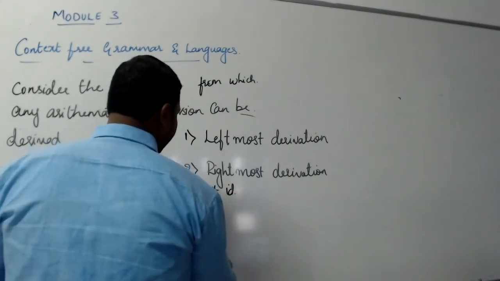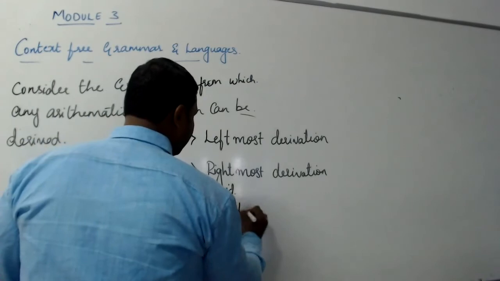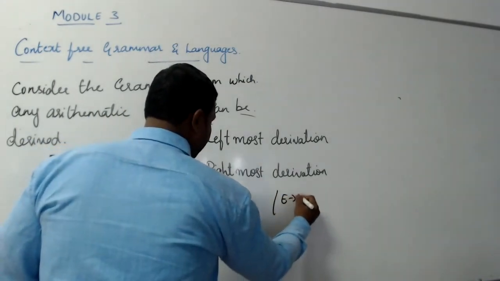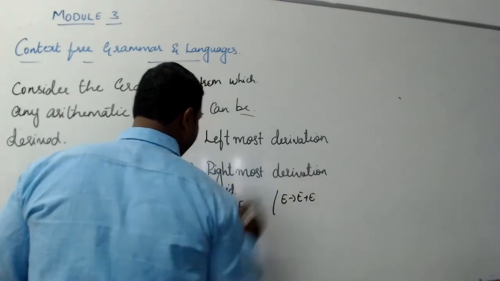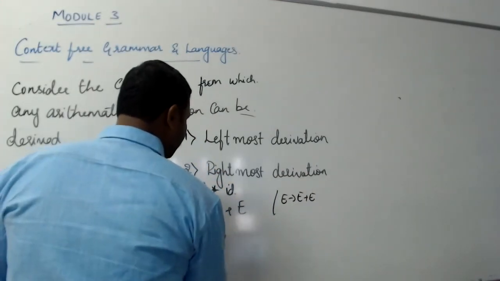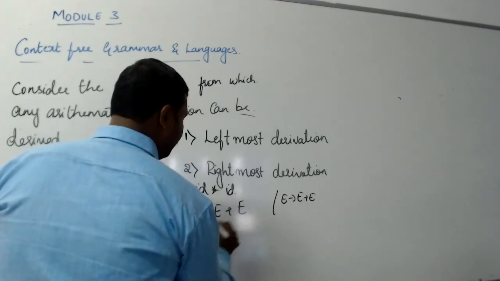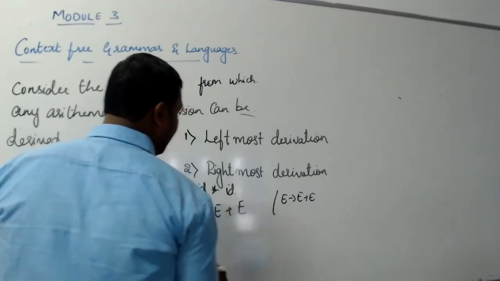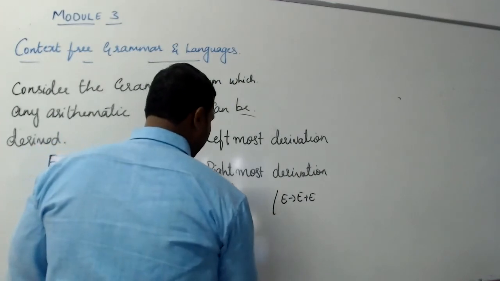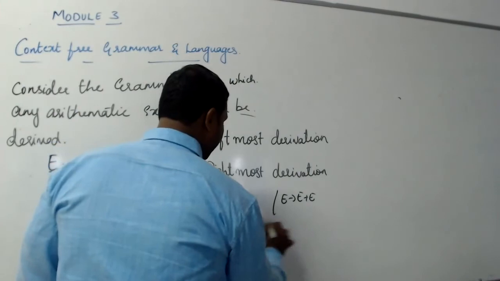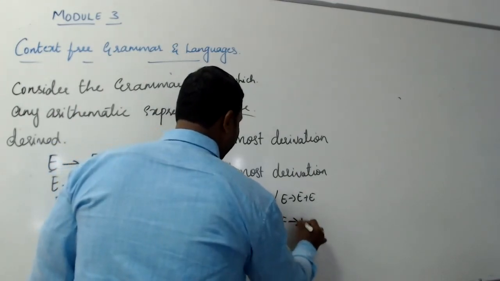For this, E tends to E plus E. Next, the leftmost symbol from the E production should be replaced with id. So it is not E, id comes: id plus E, that is E tends to id replaced.